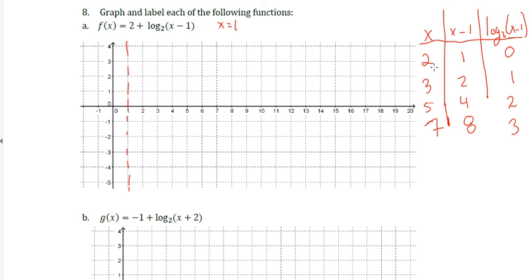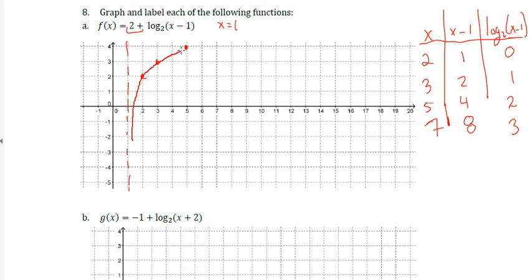The reason why I said we needed one more column is because we have this plus 2 on the outside. But we can do that part. So I have a point at 2. 0 plus 2 is 2, then 3, 3, 5, and then 5, 4, like that.